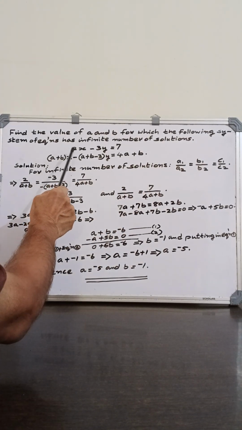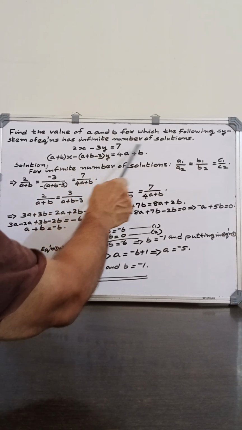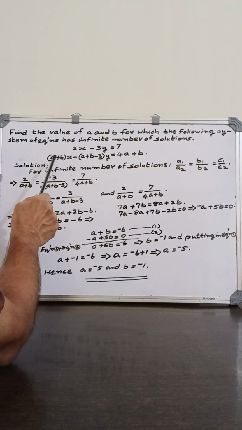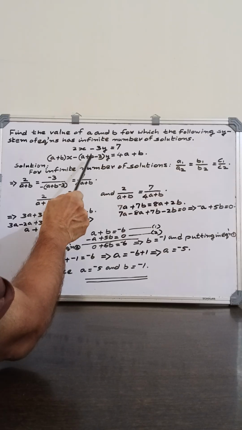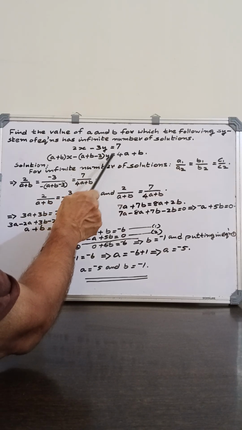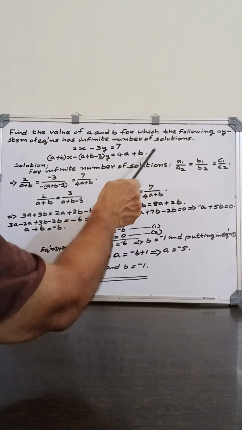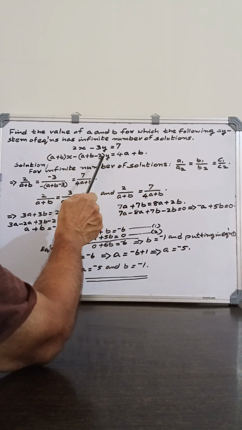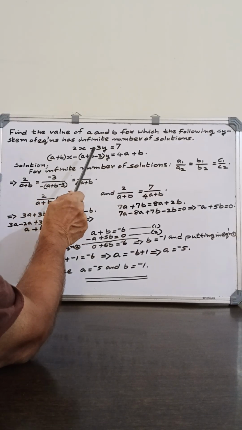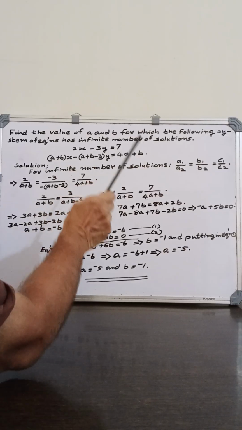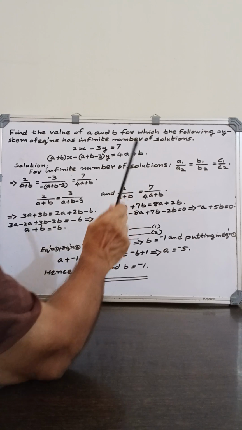Listen to the question clearly. Here is the system given: 2x minus 3y equals 7, that is the first equation, and (a plus b) into x minus (a plus b minus 3) into y equals 4a plus b, the second equation. This is the system given here. We have to find out the values of a and b in this equation. But what condition is given? That the system has infinite number of solutions.